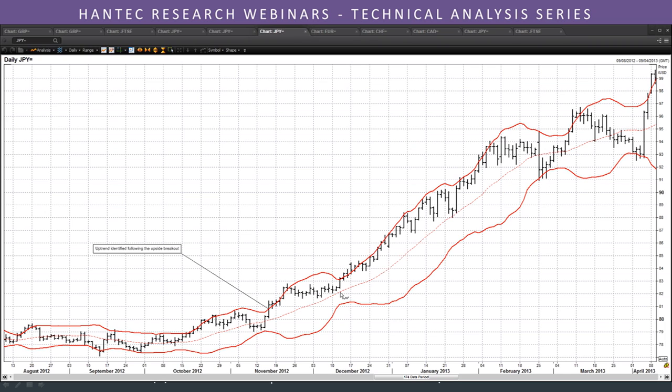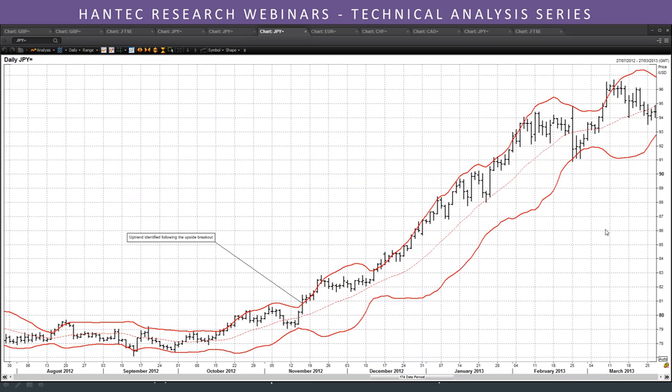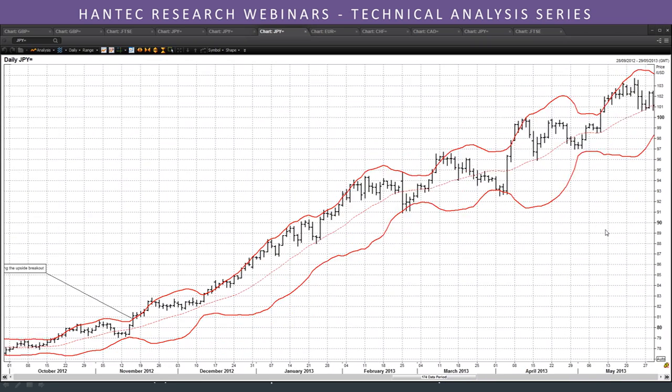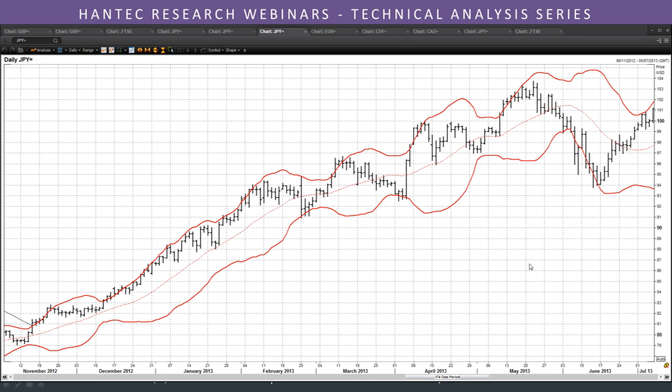Even then, you use any move back towards the moving average, or even into the bottom half of the band, as a chance to buy, because you're continuing to use the strong trend, and it goes all the way until you actually start to have a breakdown of that lower band. You actually get a whole period outside down the bottom.